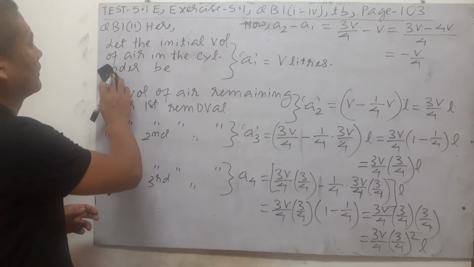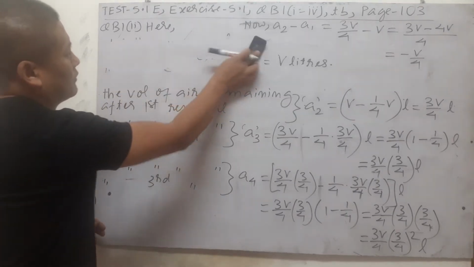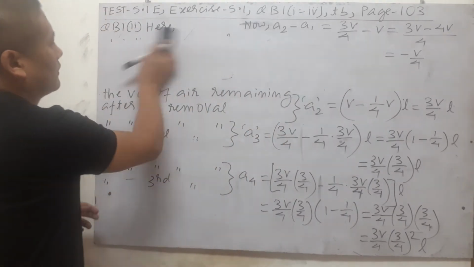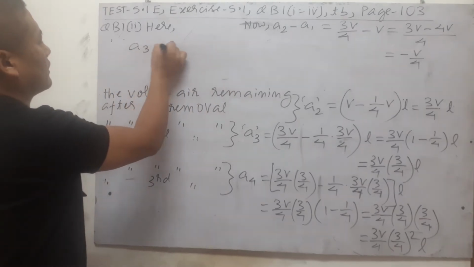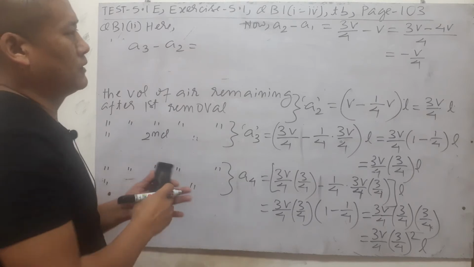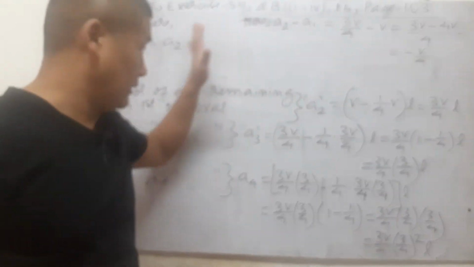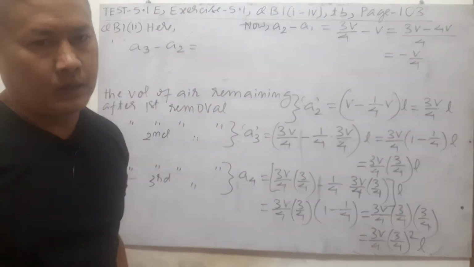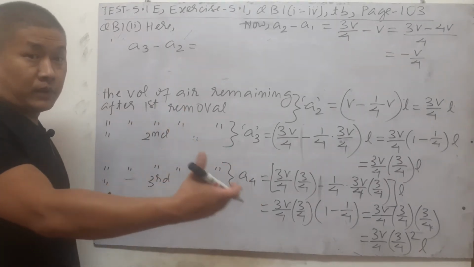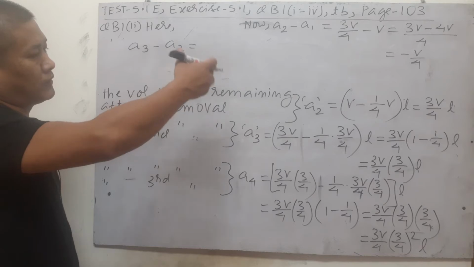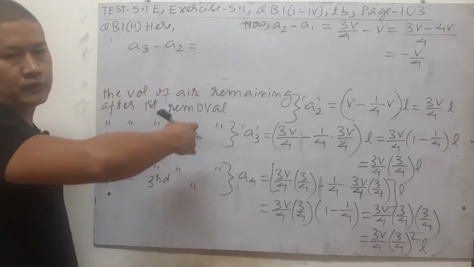Then, I think we will not need this part anymore. Let's check at least 3 times. The common difference is A2 minus A1, or the same thing, A3 minus A2, or A4 minus A3, or A5 minus A4. Any one of them. If it's an AP, all those values will be the same.